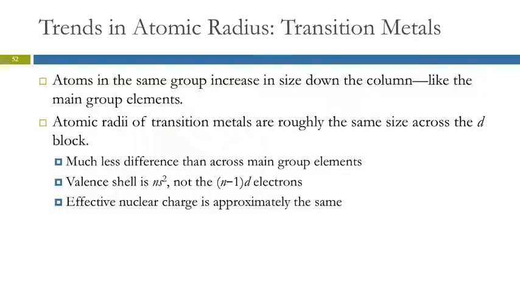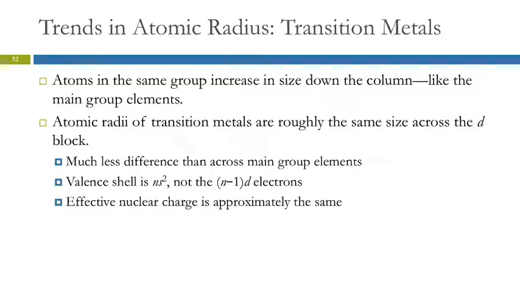The transition metals are a little bit squirrely, as they are for everything we look at. With those transition metals, as we go down a group, they do increase in size, just like the main group elements do. But when we go across a period for the transition metals, the radii are roughly the same size.